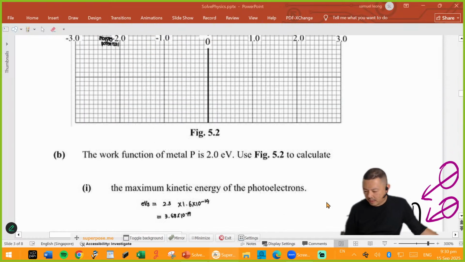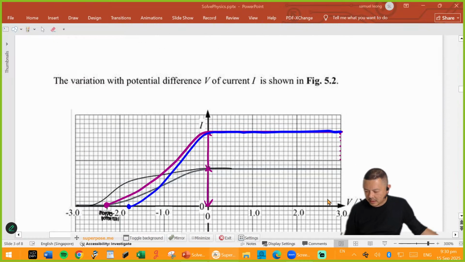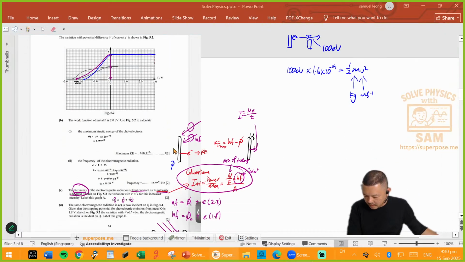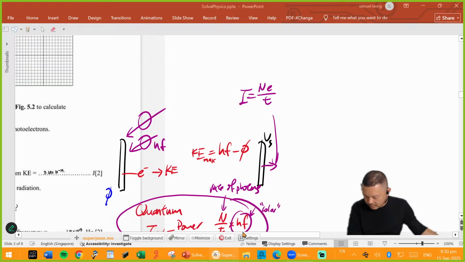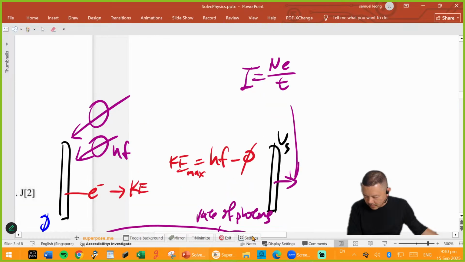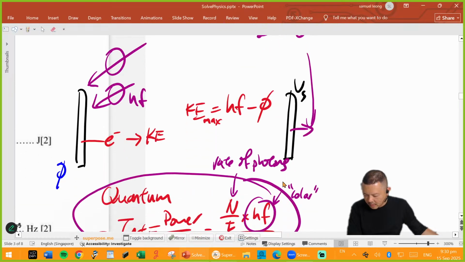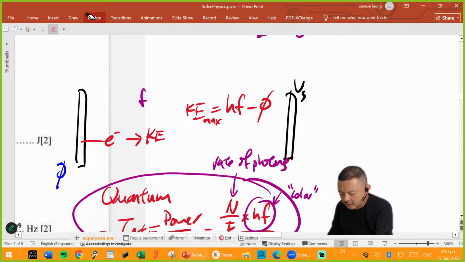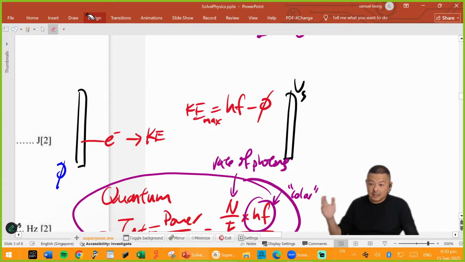Okay, so I'll explain this a bit. You understand that the kinetic energy of the electron is positive, right? It has a positive value.